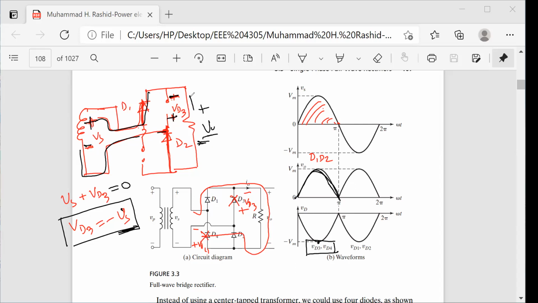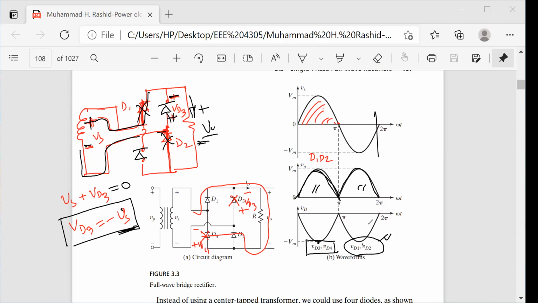Since the current always goes in the same direction, in the negative half cycle, when this diode will be conducting, this diode will be conducting, this will not be conducting. We'll get the same thing, like that we get here. And this is the voltage across your diode D1 and D2.